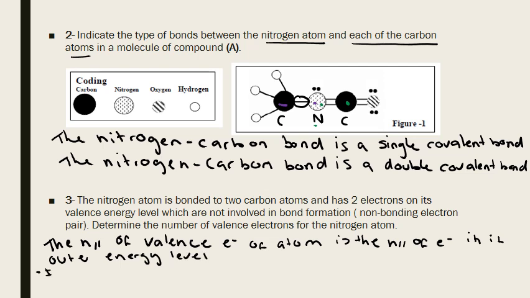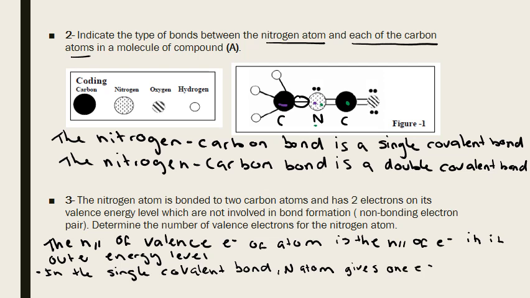So first, in the single covalent bond, the nitrogen atom gives 1 electron.